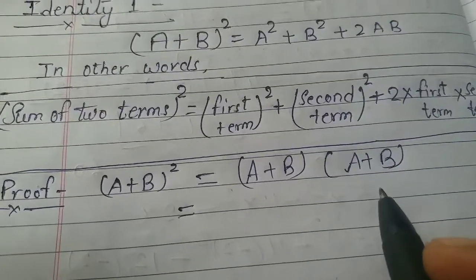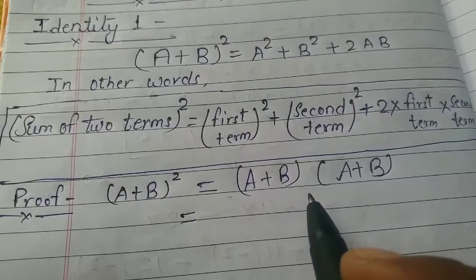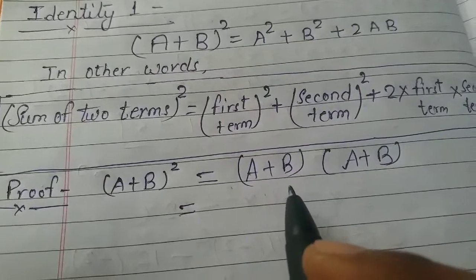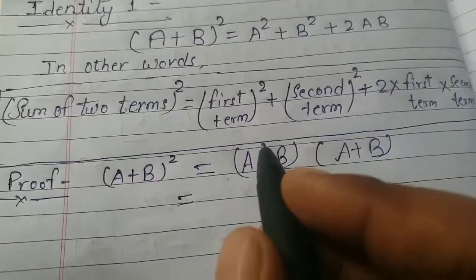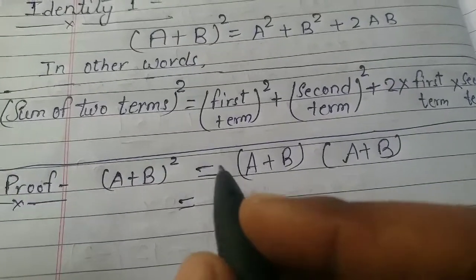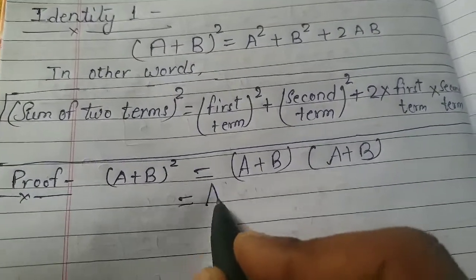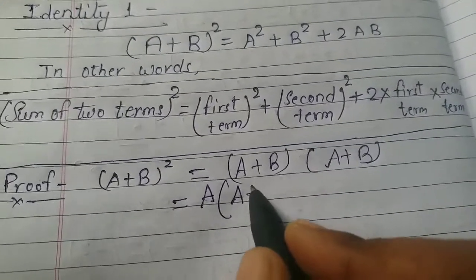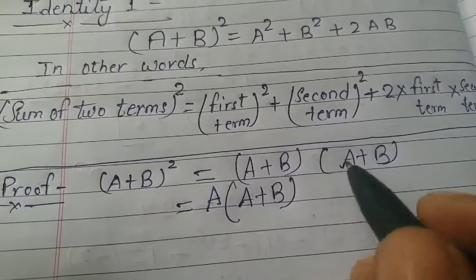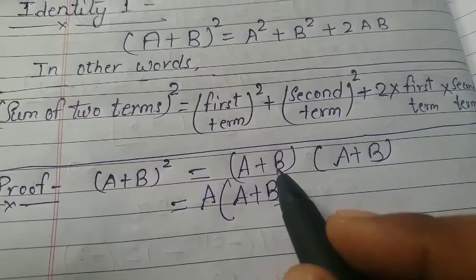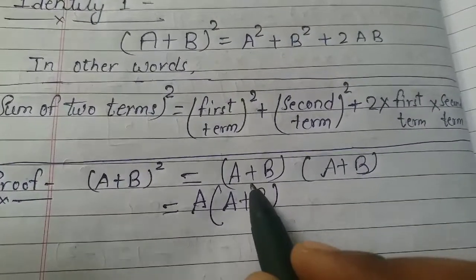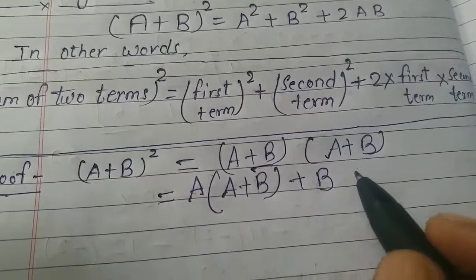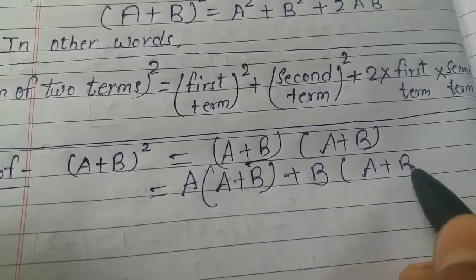These are binomials, so multiplication of binomials is carried out by the distributive law. First take the first term of the first binomial, that is a, and write the second binomial as it is, (a + b). Is that clear? Again, take the second term of the first binomial, plus b, and write the second binomial as it is, (a + b).